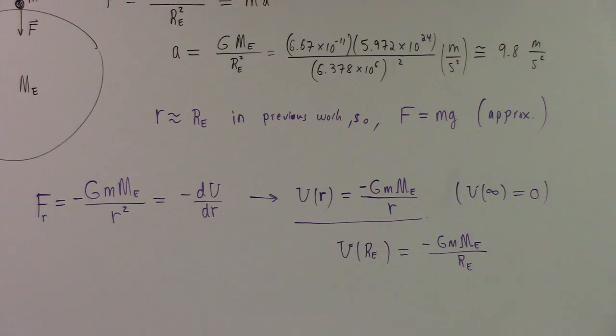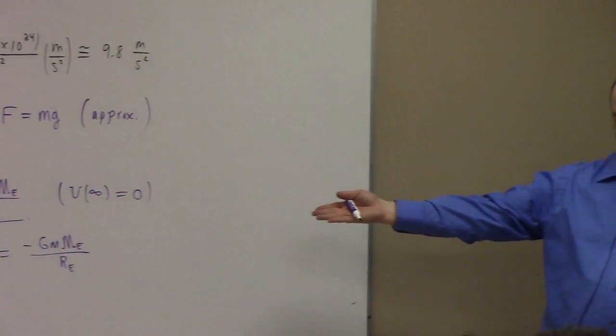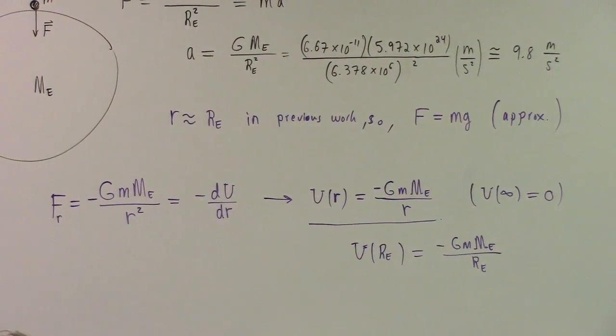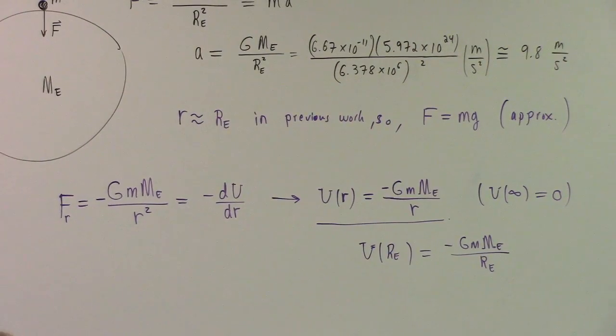If you use this formula, what you're saying is that potential energy due to gravity, where we are right now, is negative. The energy is minus G M M_E over R_E. That's the energy level we're at right now if you set the potential energy to be 0 at infinity.